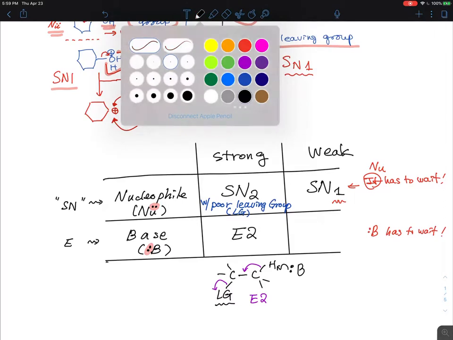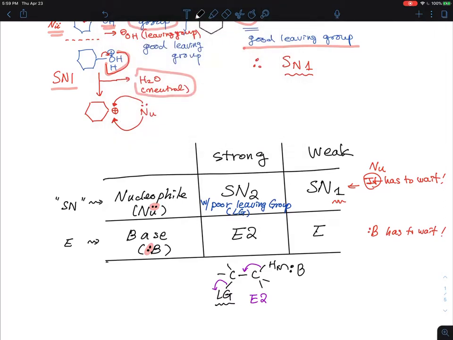So this one is more like an E1 reaction, which is an elimination. In this case, the leaving group has to leave first, and then they make this carbocation.